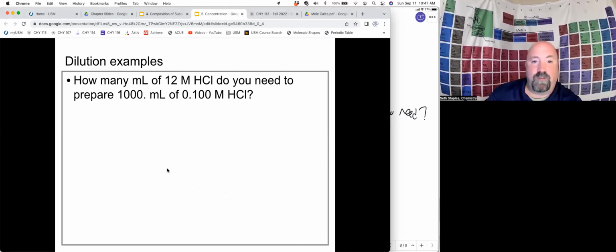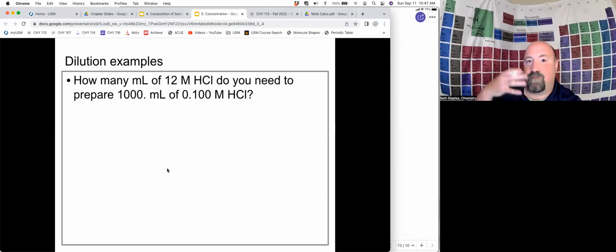Let's look at an example, pretty close to the one that I was speaking about earlier. In this one, I have 12 molar HCl. That's what I've got sitting on my shelf: a 12 molar aqueous solution of hydrochloric acid. I need to prepare 1,000 milliliters of 0.1 molar.